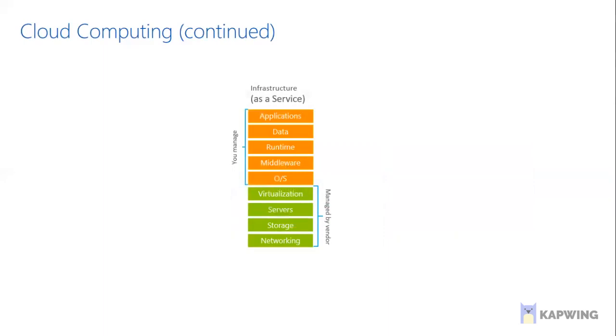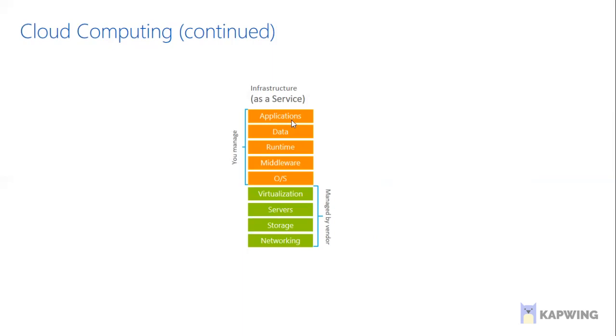Here is infrastructure as a service. You manage one part, and the rest is managed by the vendor. This is on-premises and this is cloud-based. We are utilizing networking, storage, servers, and virtualization, and these are managed by the vendor. Vendor means a provider. On-premises means the user will manage: the OS, middleware, runtime, data, and application.